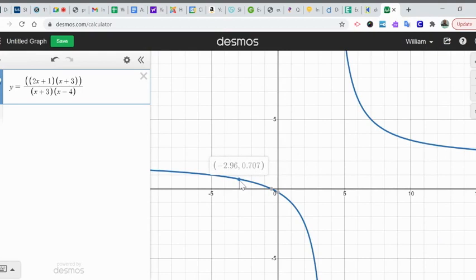Trying to get as close as possible to -3, you see you have that hole, right? It's undefined. You can see right there, it's approximately around 0.71. So there is your graph. That helps to guide you and help you graph it when you do it on your paper.